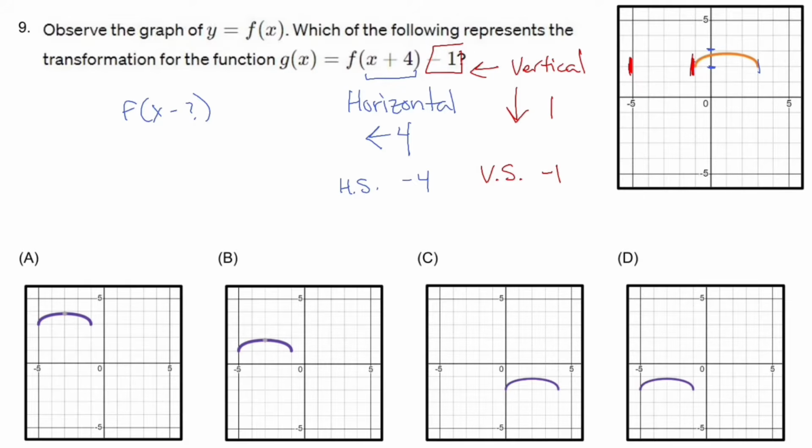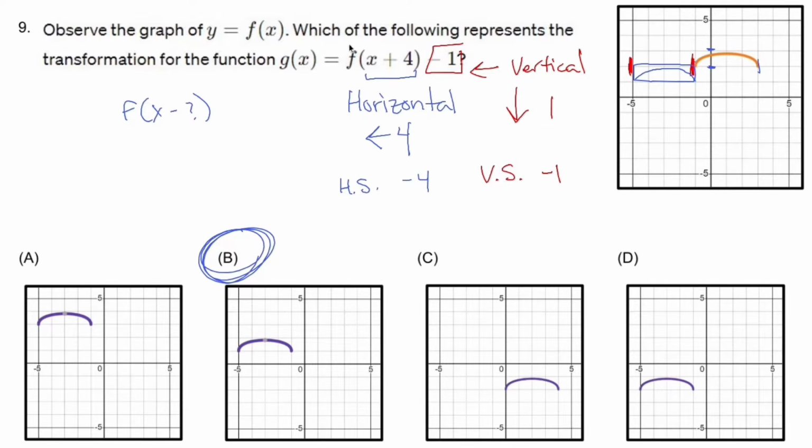So I'm just going to take something that is left 4, and then move it down 1. So it's going to appear as a semicircle somewhere around here, semi-oval or whatever that is. So stuff that happens between positive 1 and 2 now on the y-axis, and -5 and -1 on the x-axis, and B looks like the guy to do that.